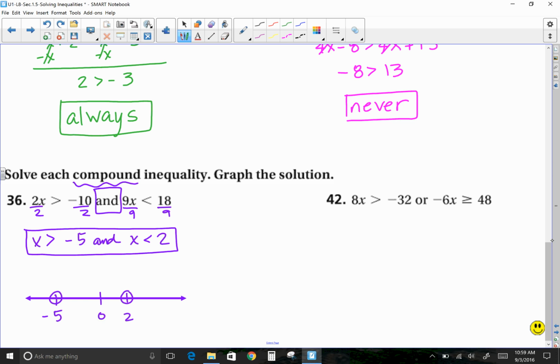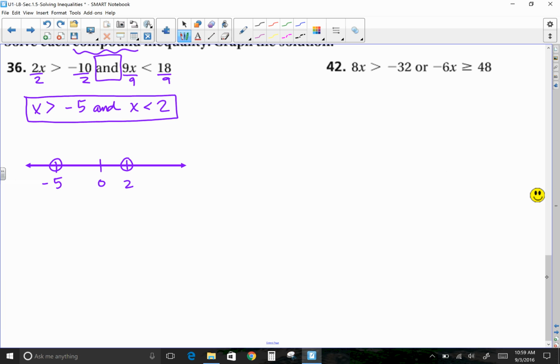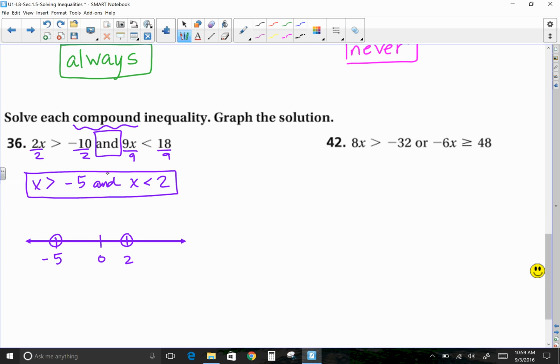Now, this is the thing about an and statement. If it's an and statement, you got to remember that it must satisfy both conditions. So you're looking for those numbers that are greater than negative 5 and less than 2. So greater than negative 5 goes this way, and less than 2 goes this way.